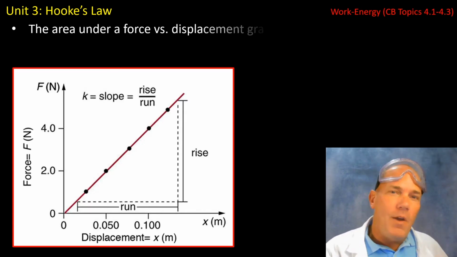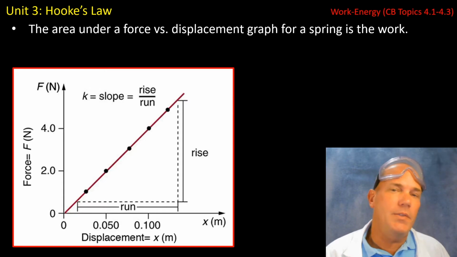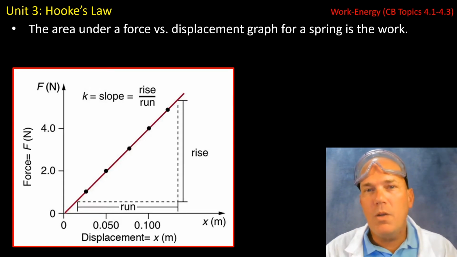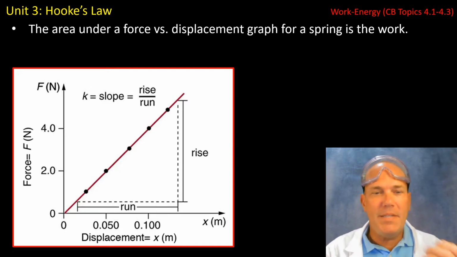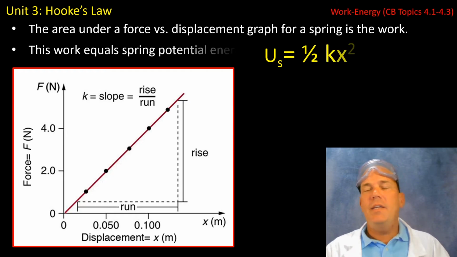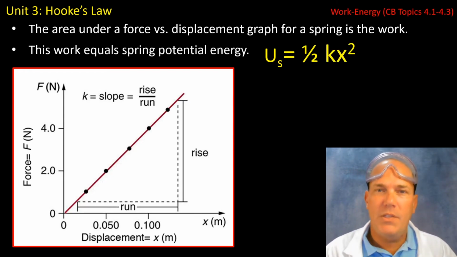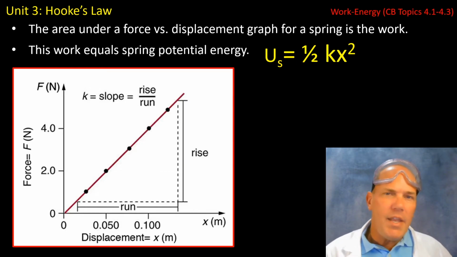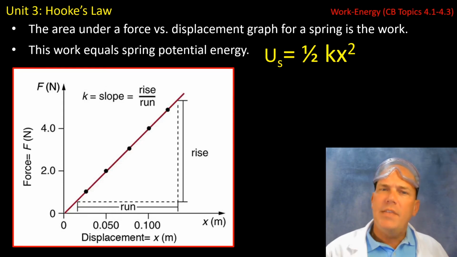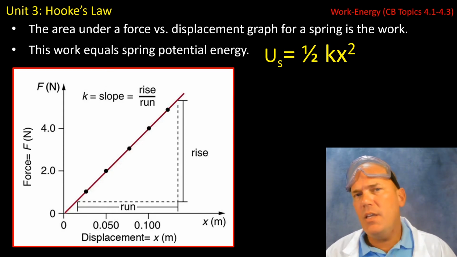Next, I want to talk about the area under a force versus displacement graph, because that is actually equal to the work, or the spring potential energy. So now, go ahead and consider from a previous video our discussions of work. And it shouldn't be any surprise that work is actually going to result in spring potential energy.